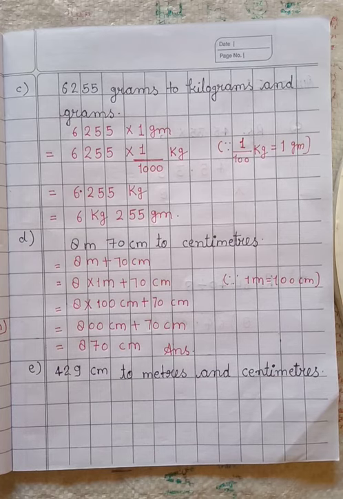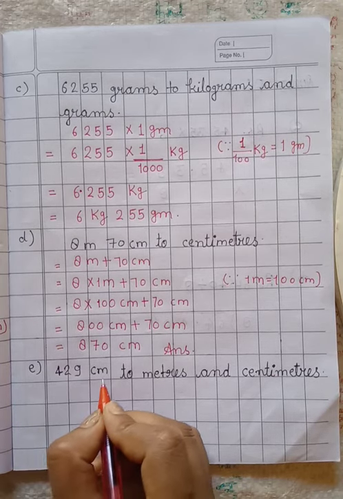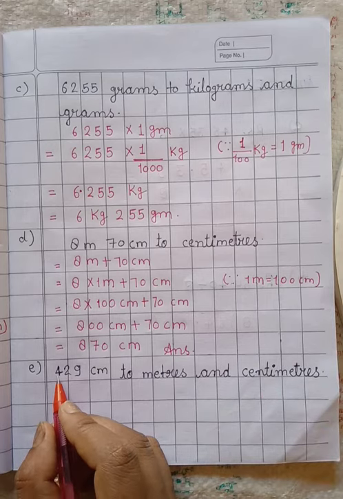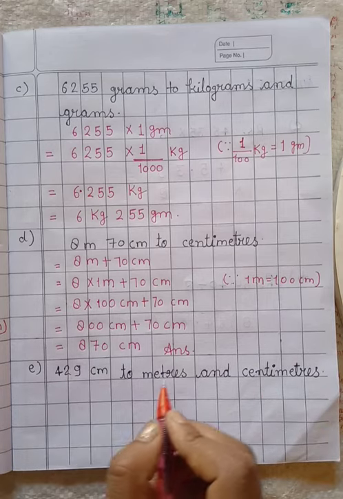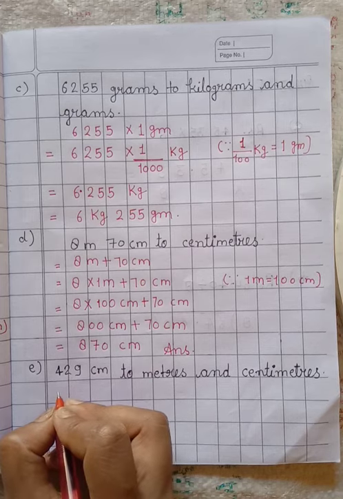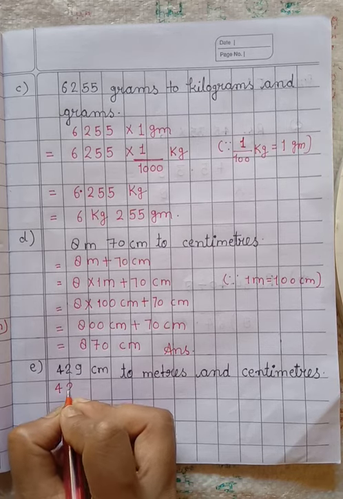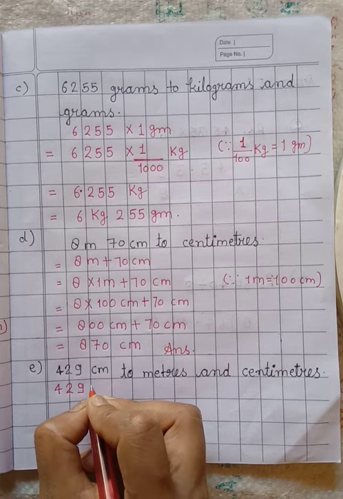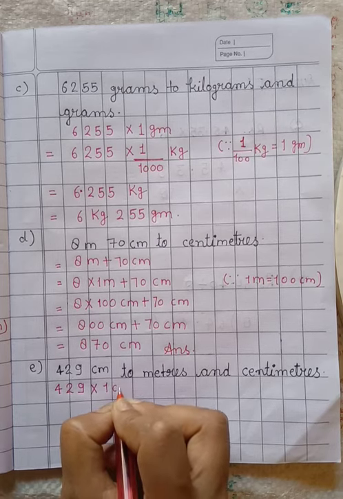Next is 429 centimeters to meters and centimeters. We have to convert this 429 centimeters to meters and centimeters. So we can write 429 times 1 centimeter.